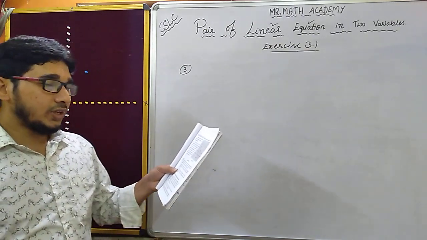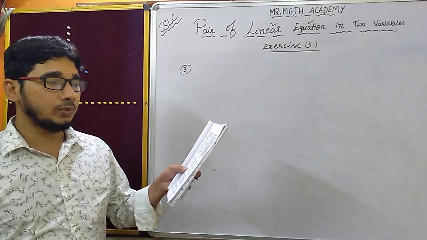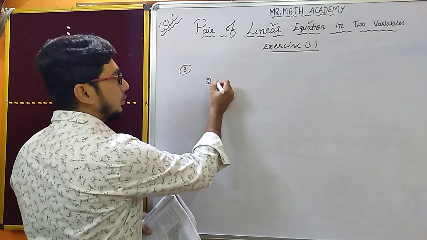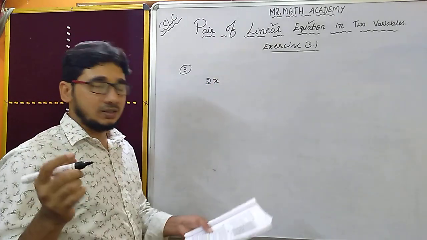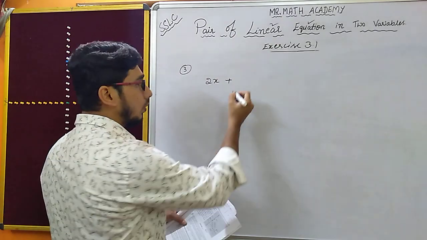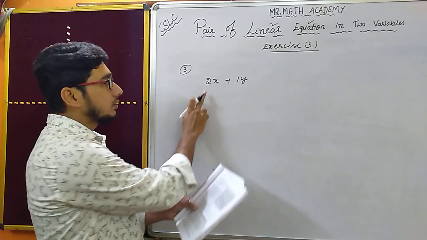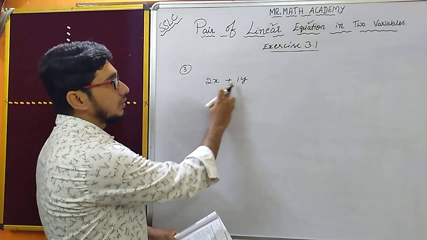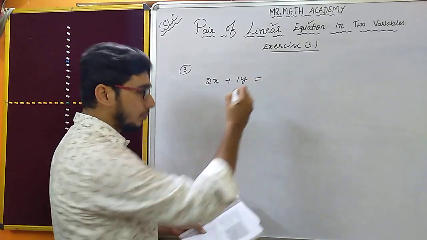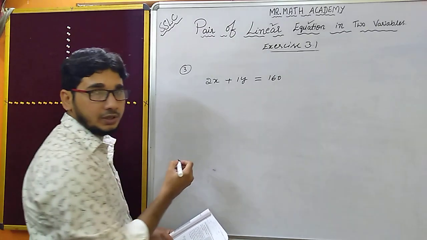The cost of 2 kg of apples and 1 kg of grapes on a day was found to be rupees 160. So they are telling 2 kg apples, let us consider it as x, plus 1 y. This is apple and this is grapes. The cost of apples plus the cost of grapes is 160. One equation ready.